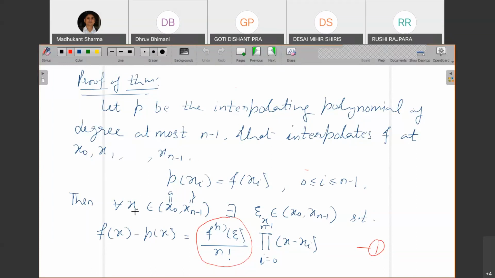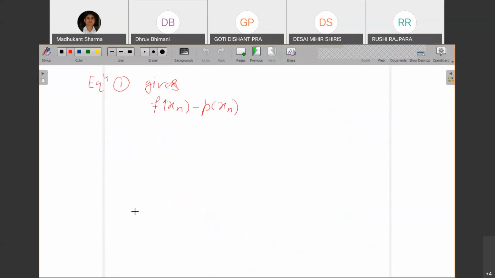So keep that in mind. Then f of xn minus p of xn equals the nth derivative of f at z by n factorial times the product for i equals 0 to n minus 1 of xn minus xi. Since xn is distinct from x0 to xn minus 1, this product will never be 0.